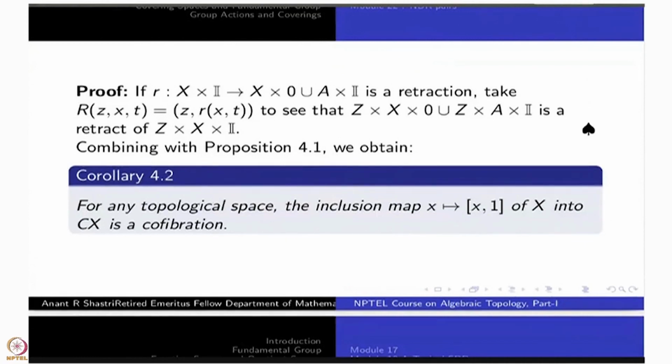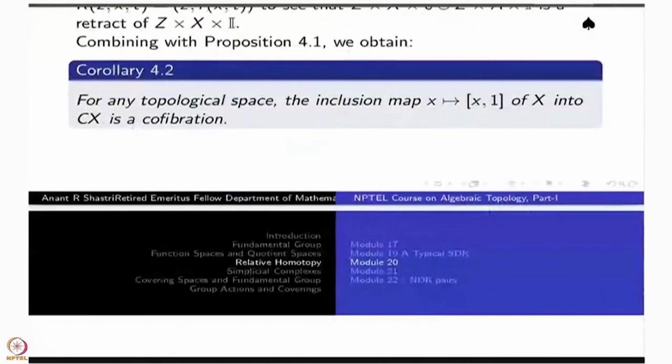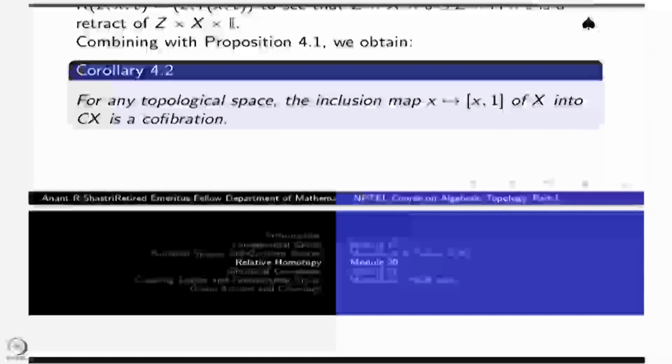I will leave it to you to think about these things. Unless you write down something, you may have difficulty. So CX, the cone over X, contains the bottom space X cross 1, and the inclusion map is a cofibration, is the statement.